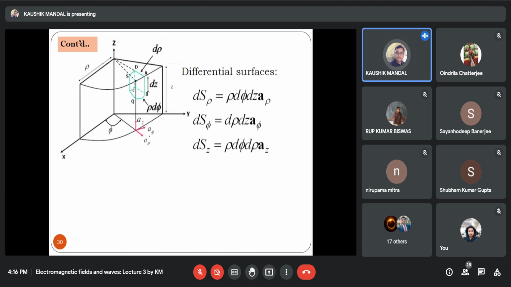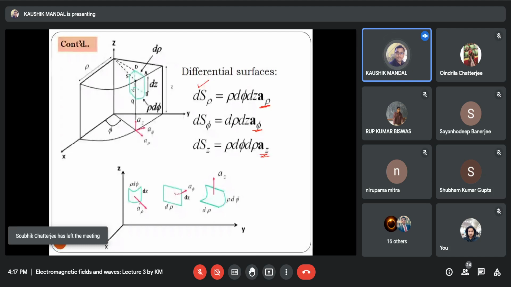So once again, you have considered three unit vectors, a rho, a phi, a z, and accordingly you have considered three different surfaces: ds rho, that means along the unit vector a rho; ds phi, that means along the unit vector a phi; and this is another one along a z. These unit vectors are better represented in this particular figure.